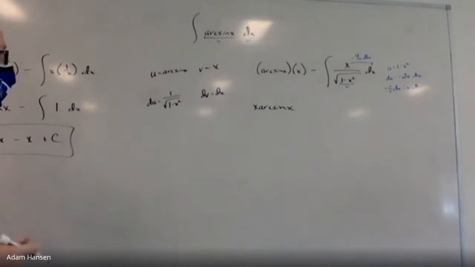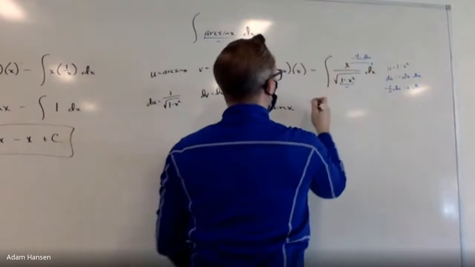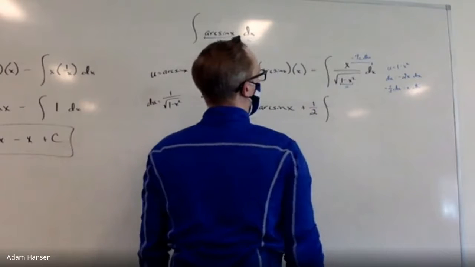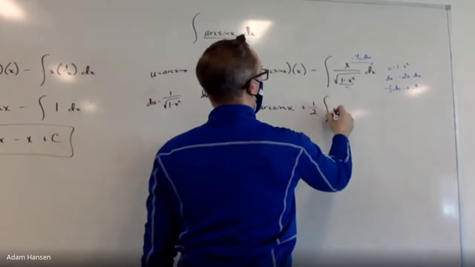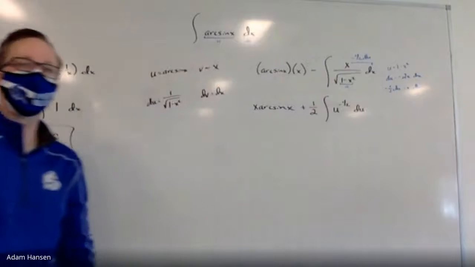So let's see what we've got here. Minus negative 1/2 du. So let's just switch the signs, put plus 1/2. I have the square root of u on the bottom, or equivalently, u to the negative 1/2 du as an exponent.